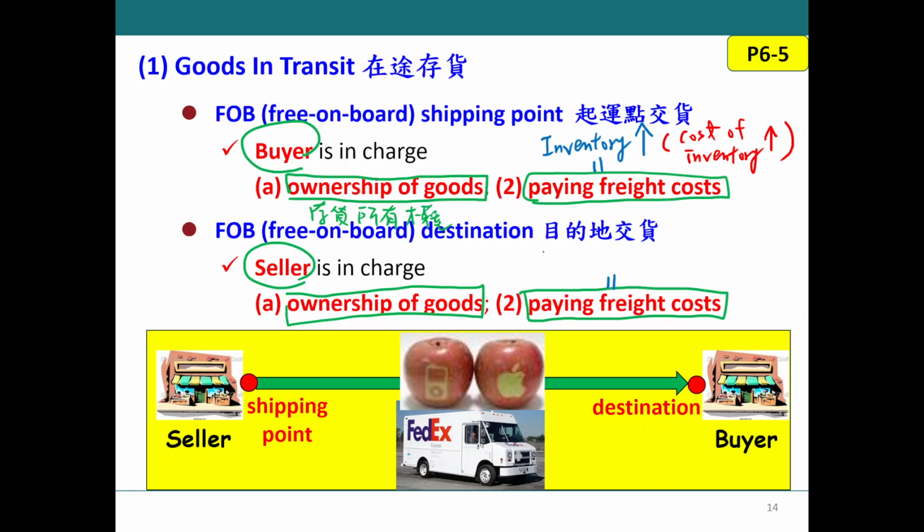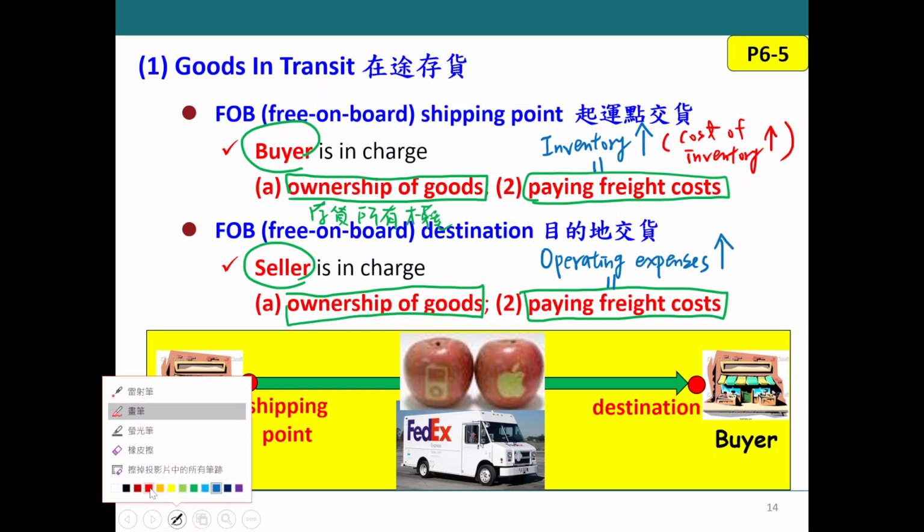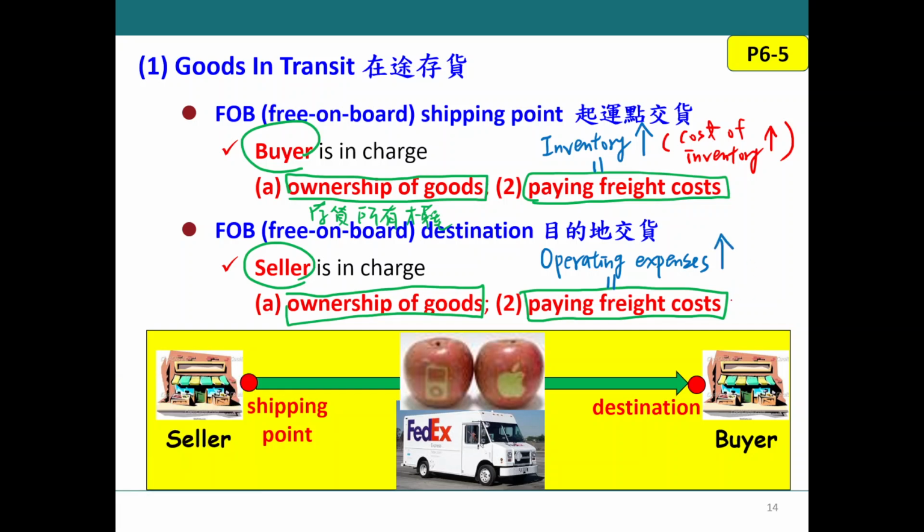So which will make your operating expenses increase, right? Because which account do we use? Freight out or delivery expense.